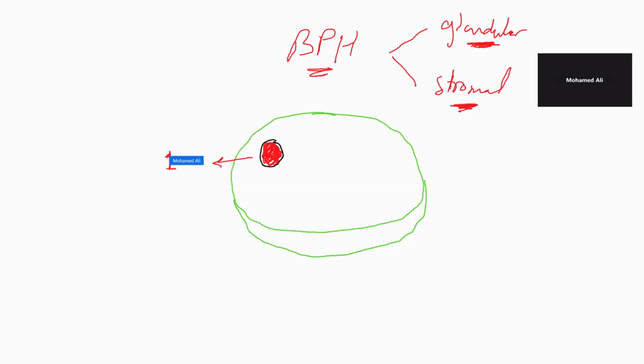I'm talking about T2 weighted images. We are now scoring the lesions on T2 weighted images. So this is score 1.